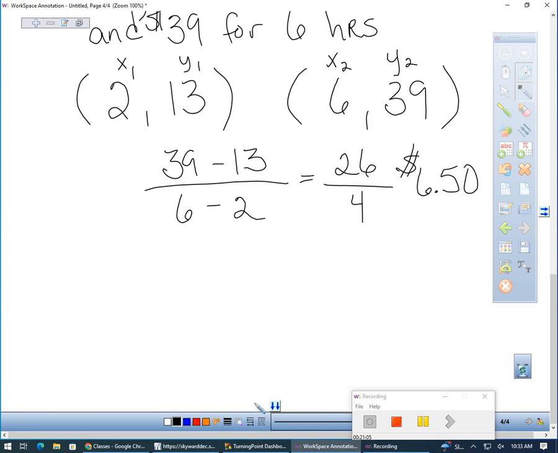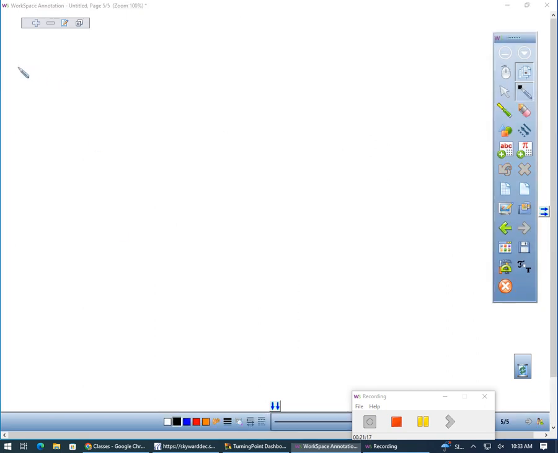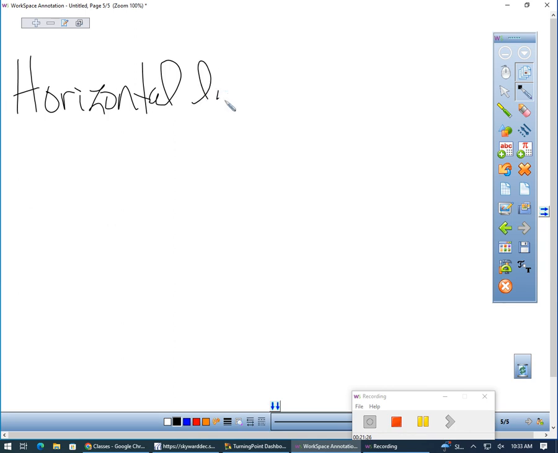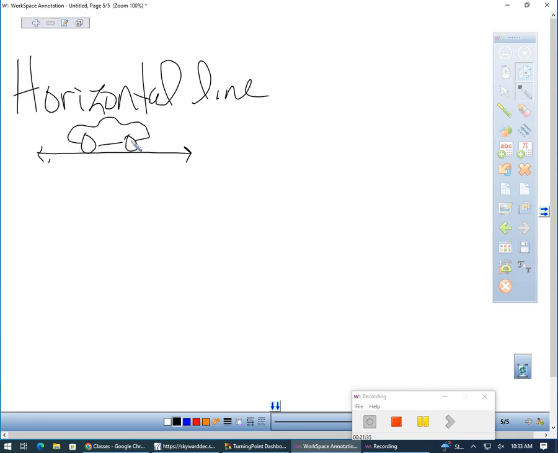All right, last thing I need to talk about very, very quickly. Last thing I want to talk about is when we had Mr. Slopey, we talked about a horizontal line. If I have a horizontal line, so the line goes like this, and again, if I have a car sitting on that horizontal line, there's my car.